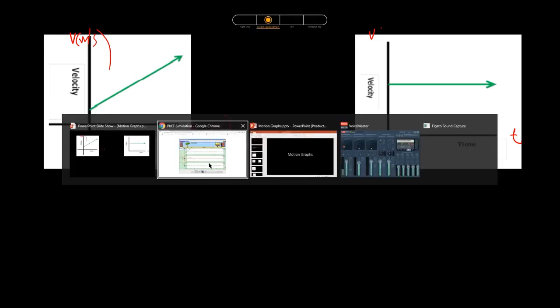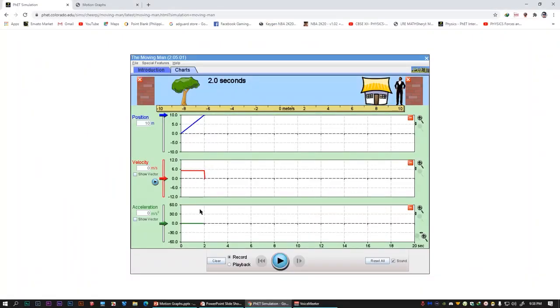Okay, do not be confused, since we are in v versus t, or the velocity time graph. When you see this line here, the object is moving but the velocity is constant. To show you that this is true, look at this one.